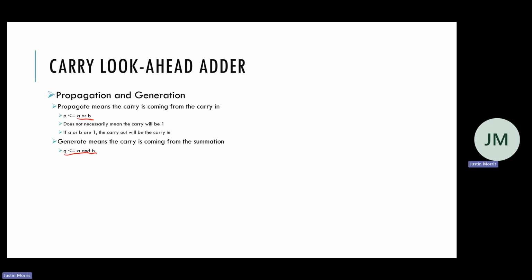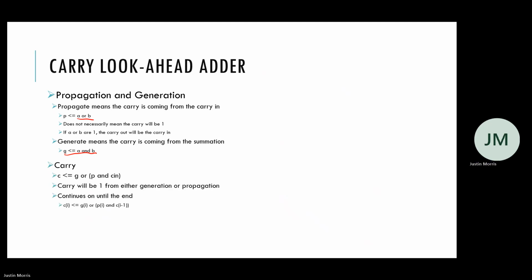Right? So, and then to generate, that means from my 2 bits that are input, like if I'm the first bit, the way I generate a carry is if I have A and B as 1. So from my 2 bits, I'm generating a carry. So that's your propagate and generate.